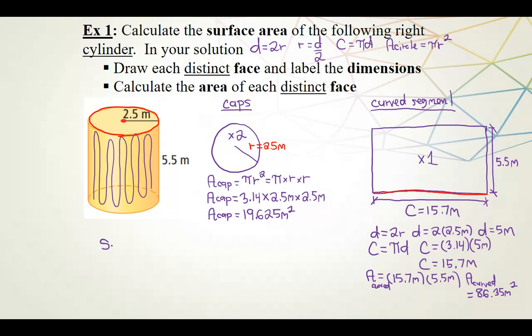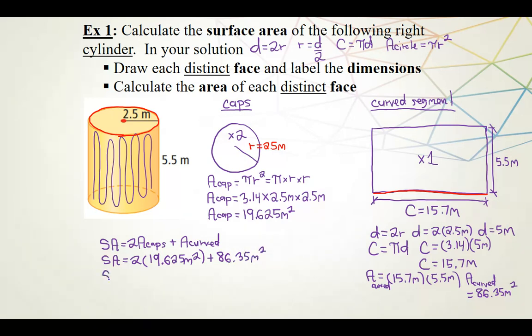Now to find the total surface area would be 2 times the area of the caps, because you've got 2 caps, plus the area of the label or the curved segment. So this would be 2 times the area of the caps, which is 19.625 square meters, plus the area of the curved segment, which is 86.35 meters squared.